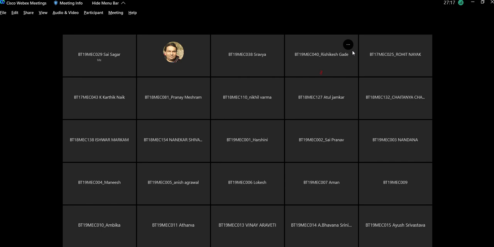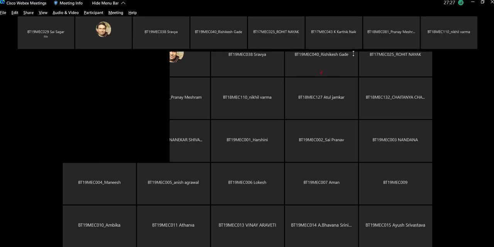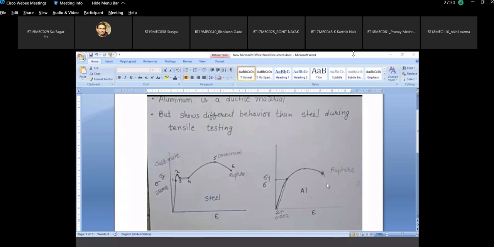Now I will share the stress strain graph. So is it visible?